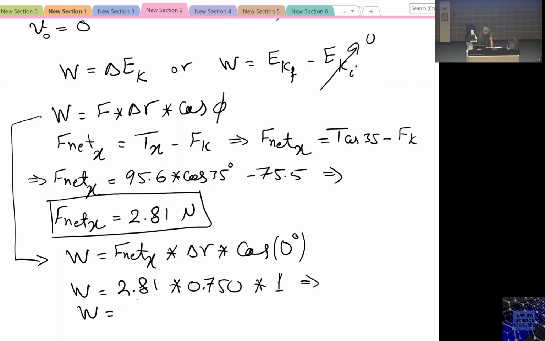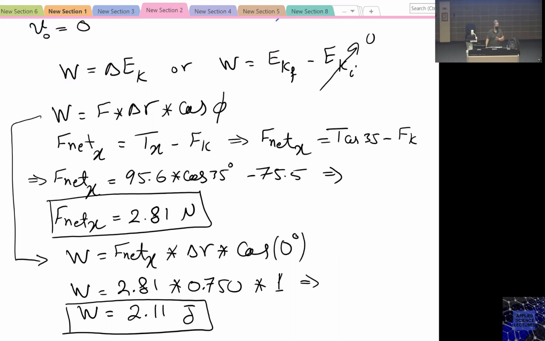And the work is 2.11 joules. This is the work done by that net force.